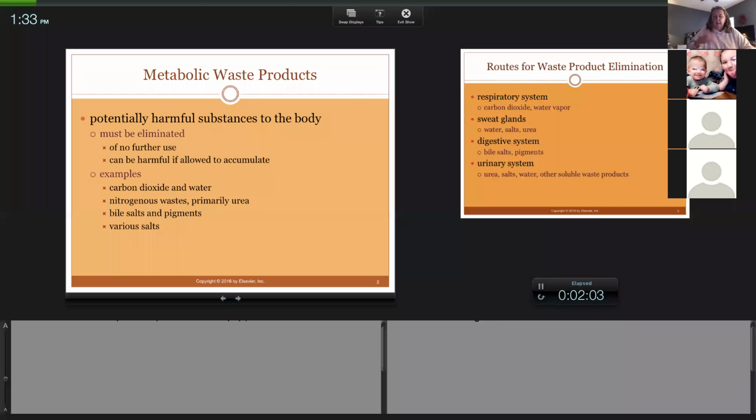You don't need to know this number, but I do want you to know what BUN stands for. It's called blood urea nitrogen, and it's the level of urea and nitrogen within the bloodstream.